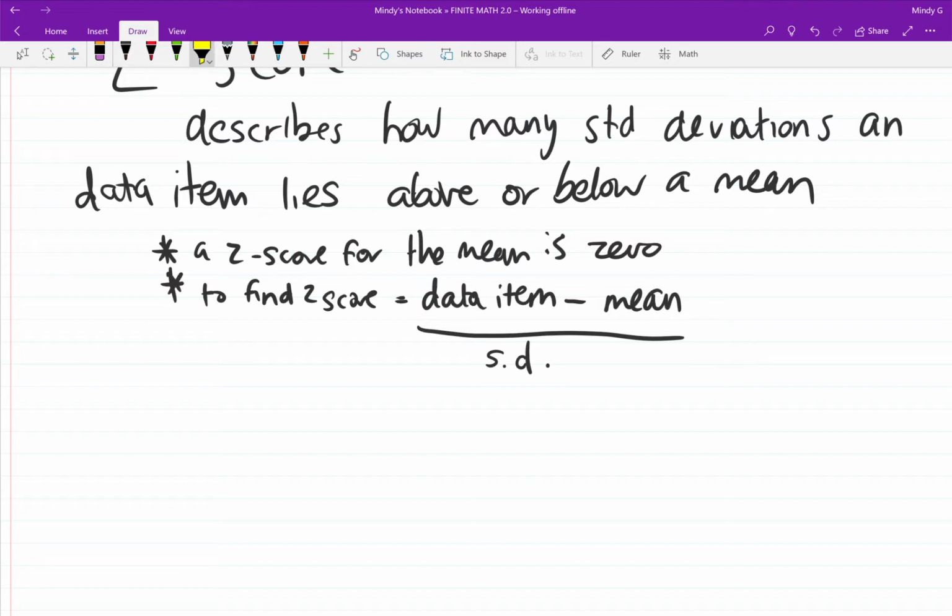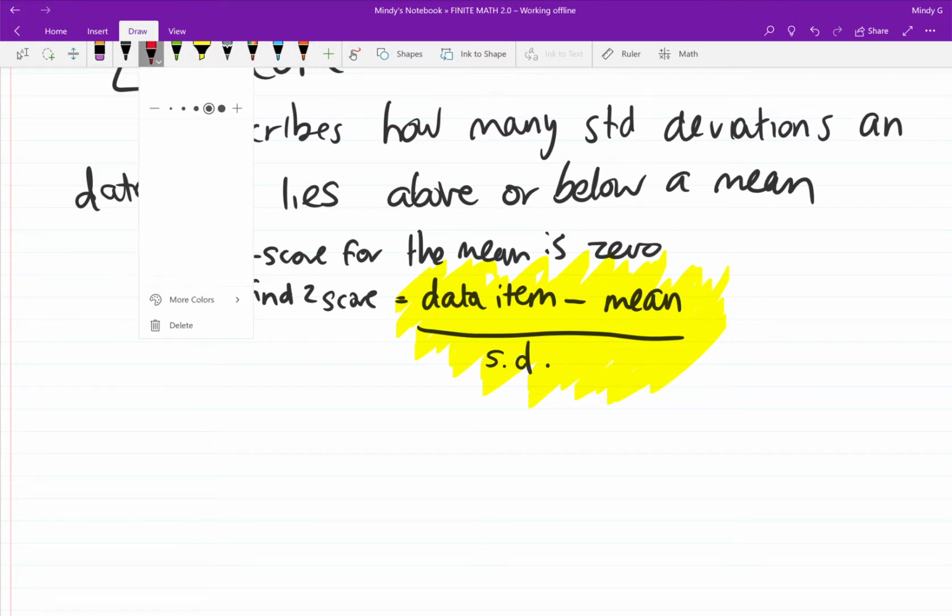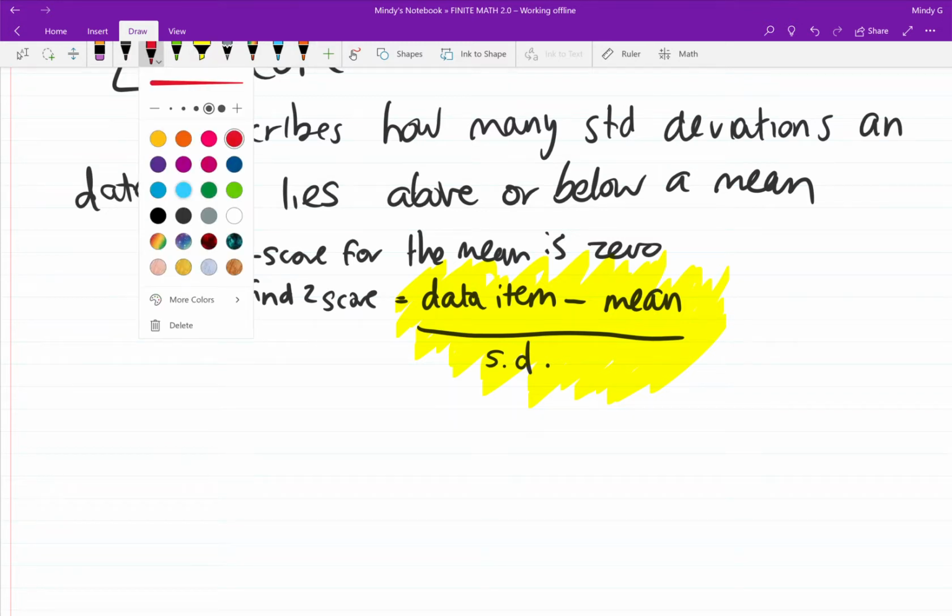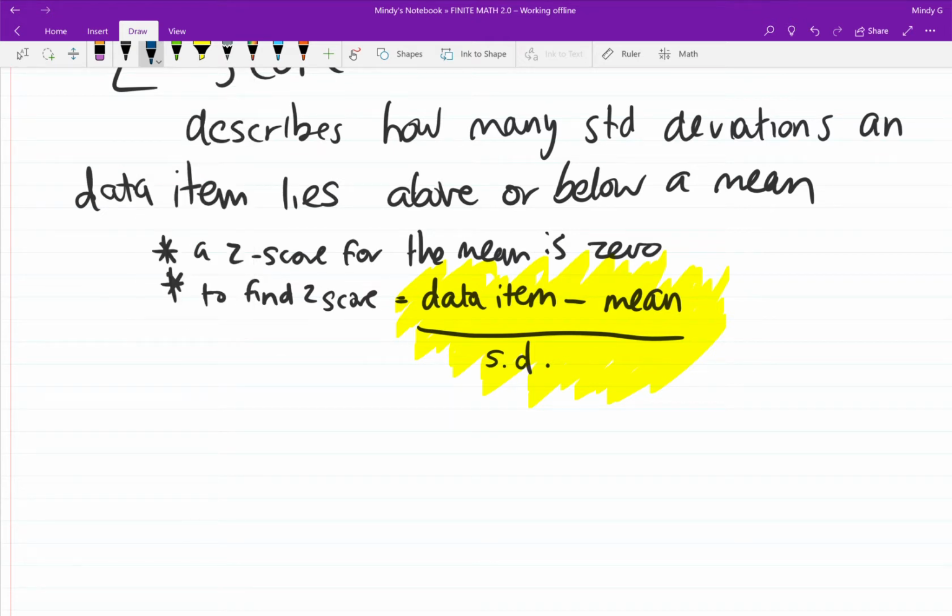And the way I like to describe z-scores is, every set of data items has standard deviations, right? Let's say we're talking about the number of completed passes each quarterback makes in the NFL, and we're given the average for each quarterback.